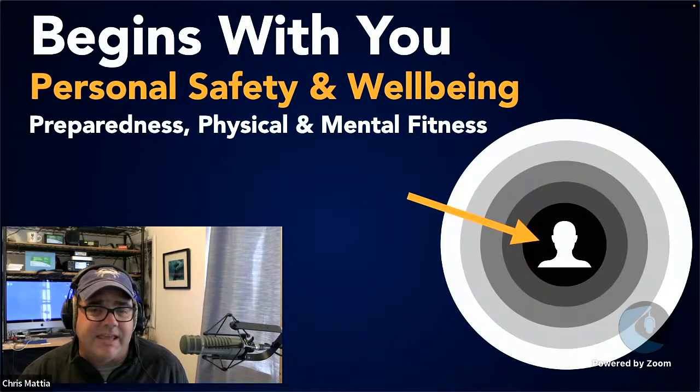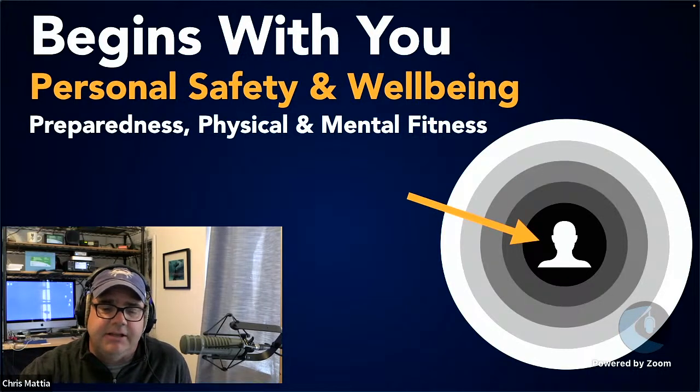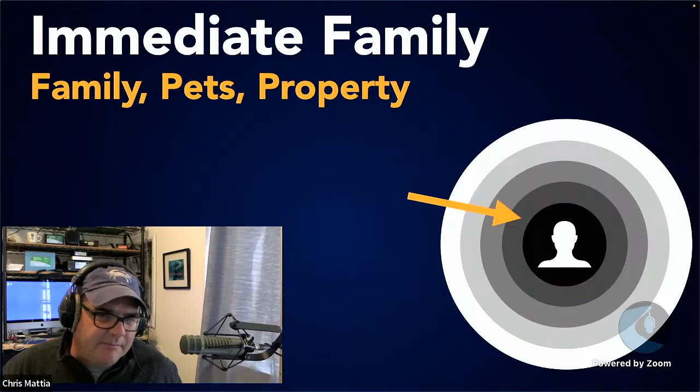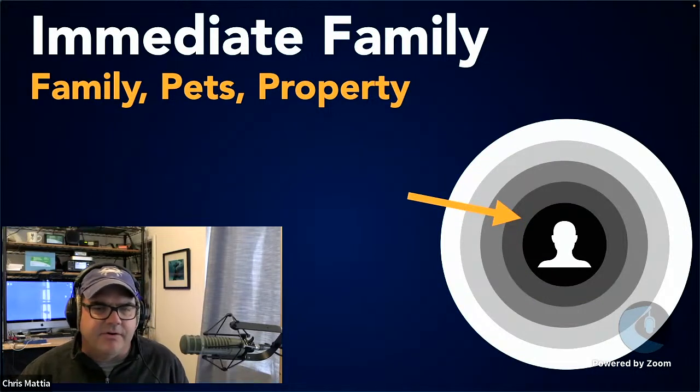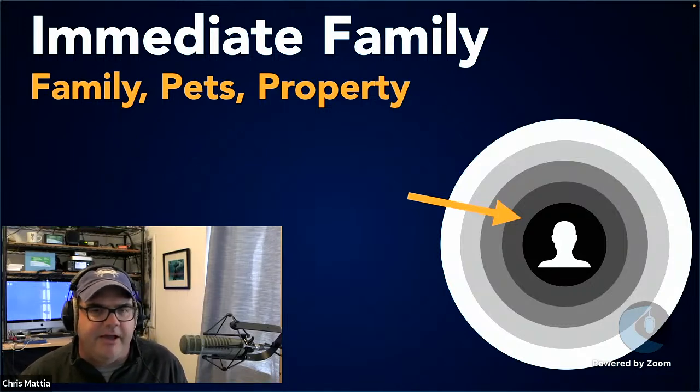This is where it all begins for each of us, regardless of the disaster that's taking place. The next level out in this sphere of influence would be your immediate family, such as family members, pets, your property, making sure that's safe, making sure they're taken care of, they're provided for.